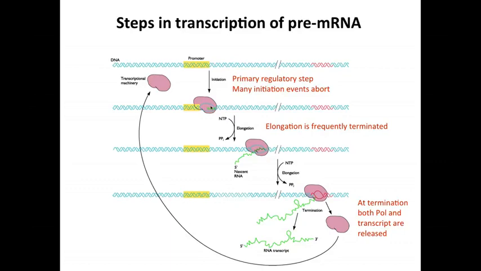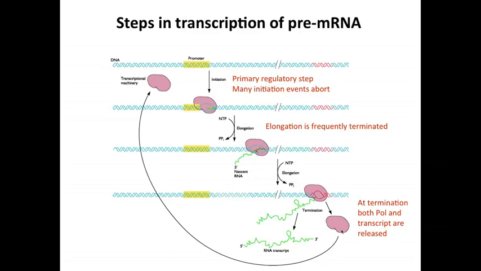It's important to note that many initiation events abort. They don't go farther than the production of a short mRNA. Some of those that do not abort enter the elongation phase, where the polymerase moves away from the promoter, moves down the template, and starts to synthesize an mRNA. Elongation can also be terminated before the mRNA is produced. But a certain fraction of the polymerases do reach the termination sequence.